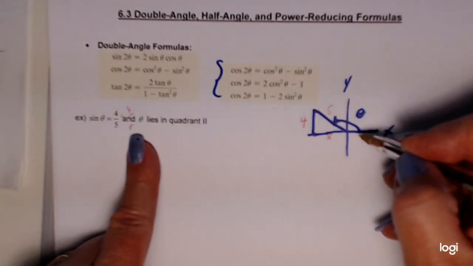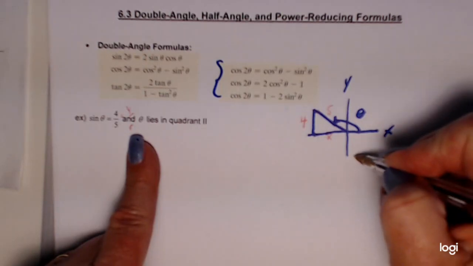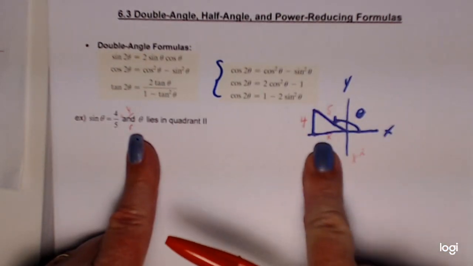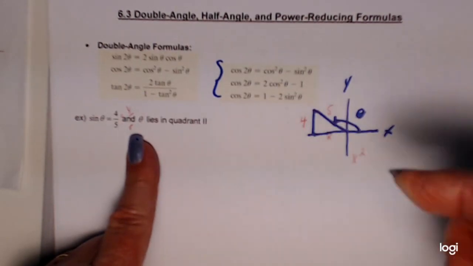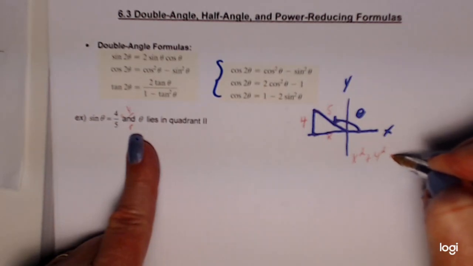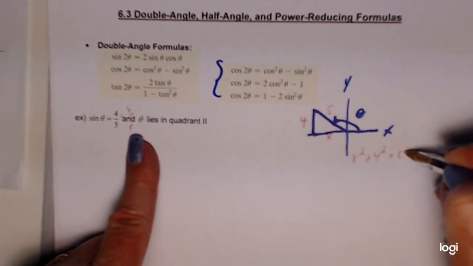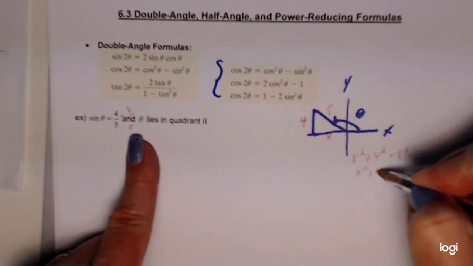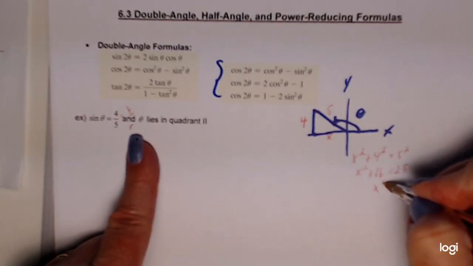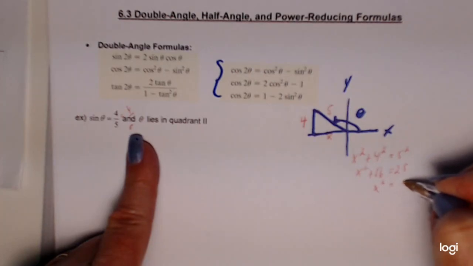So in order to do that, use the Pythagorean theorem, and we have x squared, which is our x value, plus 4 squared is equal to 5 squared.